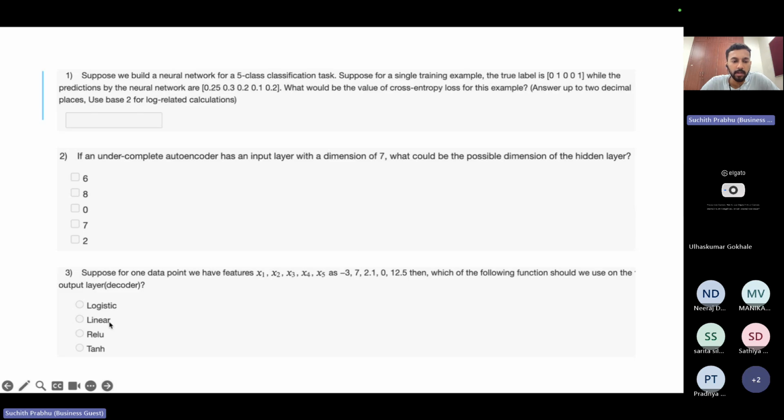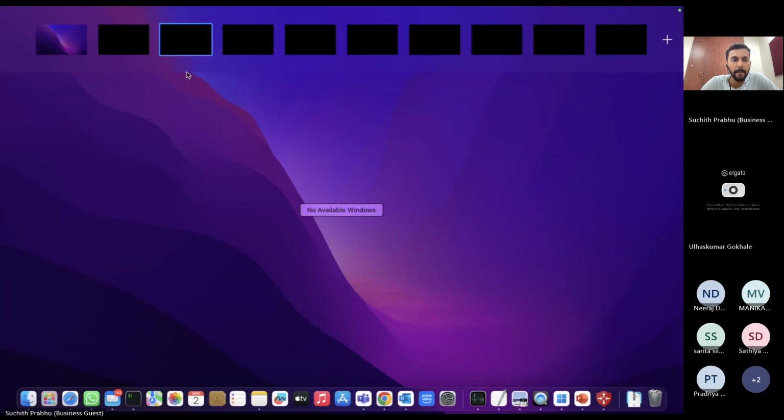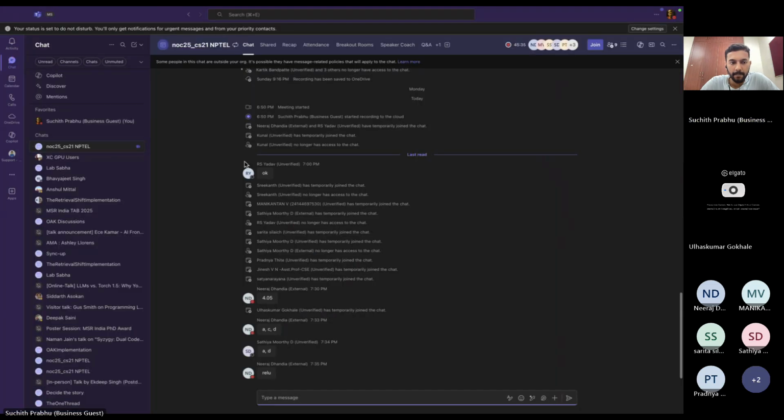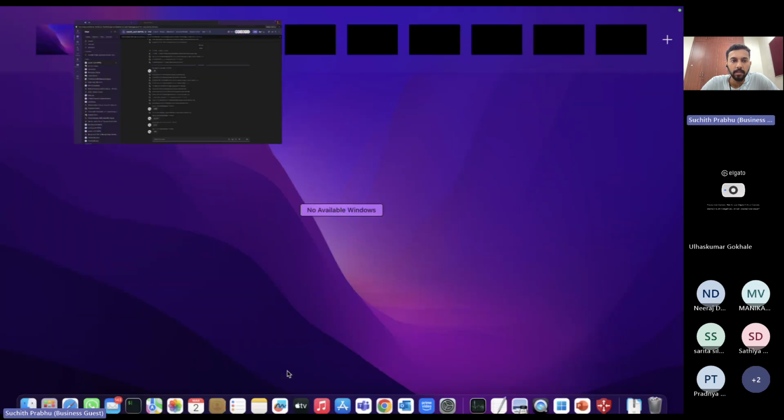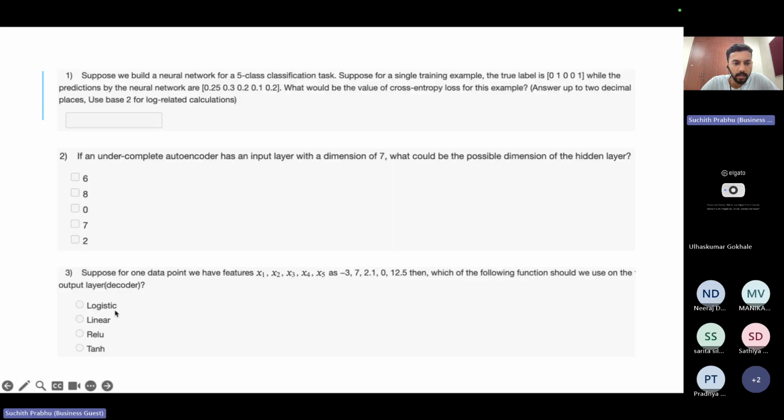So what would be the function that we have to use in the decoder? Now it's just a linear layer. The answer is linear.